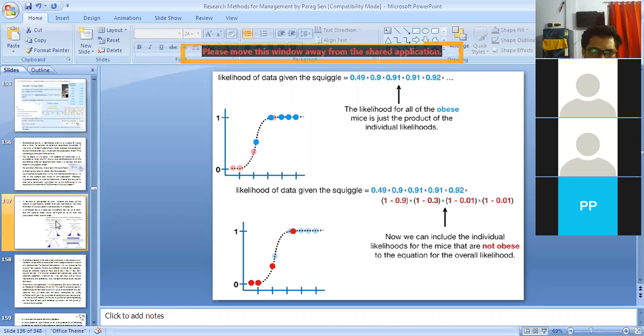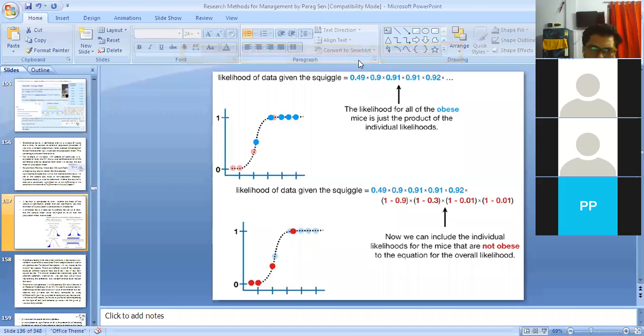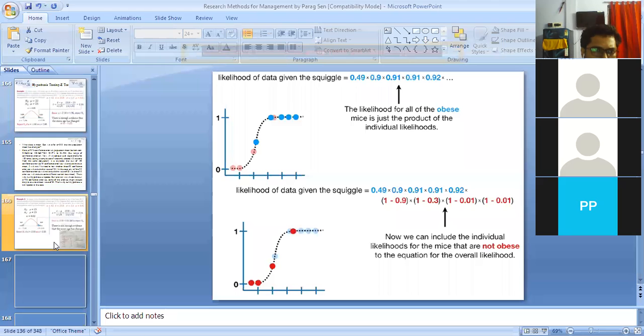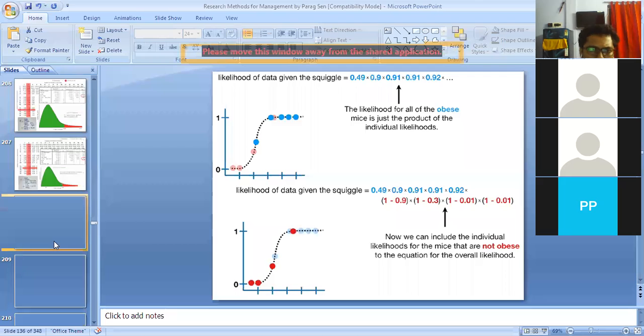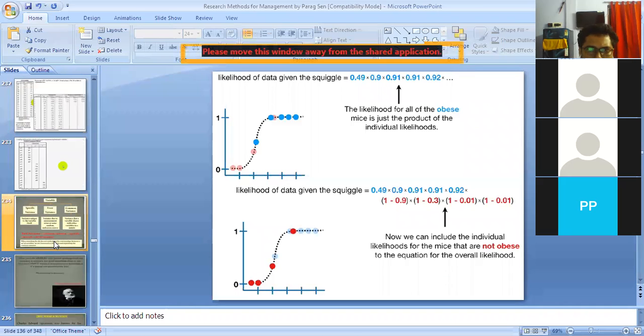So now we are ending the regression part. In the next class we will start discussing structural equation modeling. It is actually better if we discuss principal component analysis earlier, but I will first start factor analysis.